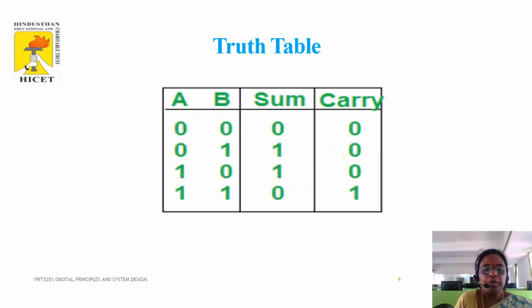The next step is we need to define the truth table. The truth table contains the two input variables and the outputs. With two inputs, you know that you have four combinations, that is 00, 01, 10, 11. These are the possible four combinations for two inputs. What is the sum of 0 and 0? That is 0 only, with no carry in normal arithmetic operations.